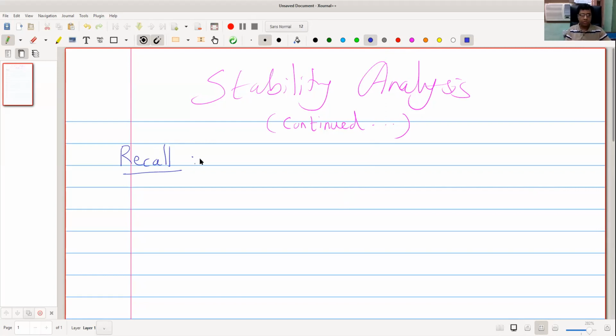So, given the delay differential equation x dot of t equal to ax of t plus bx of t minus tau. Okay.